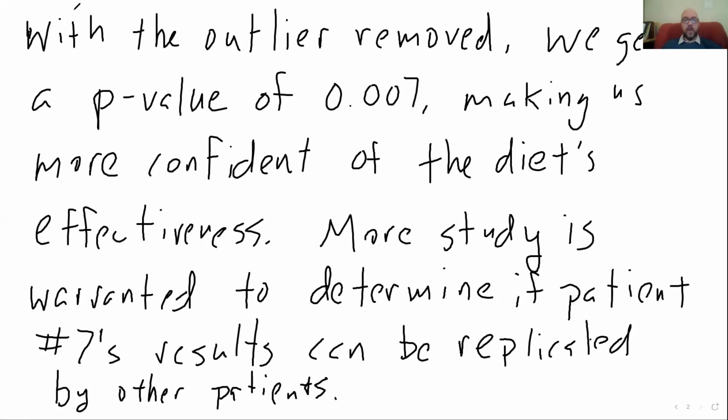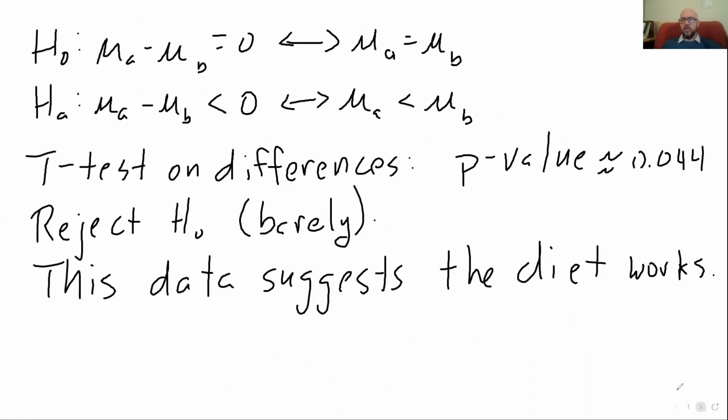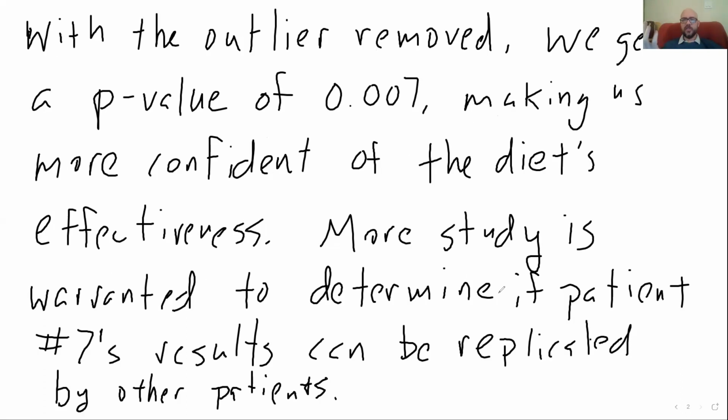If you read something like this, or making us more confident of the diet's effectiveness, you don't have to know what a p-value is in order to understand from this statement and the previous one that our statistical analysis suggests this diet works, and it might work better for some kinds of people that we haven't determined yet, right? You could figure that out without having to understand even what a p-value is at all.